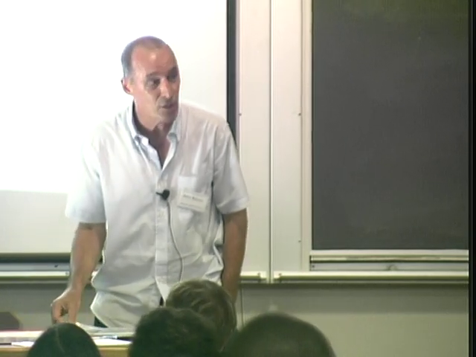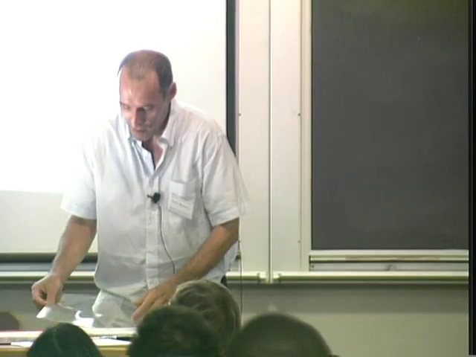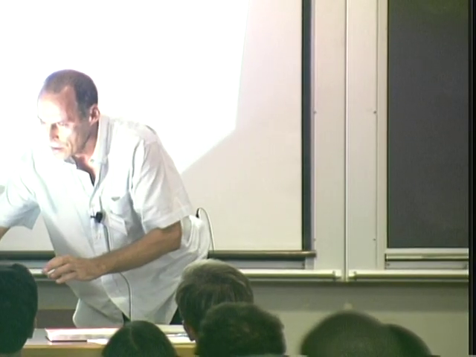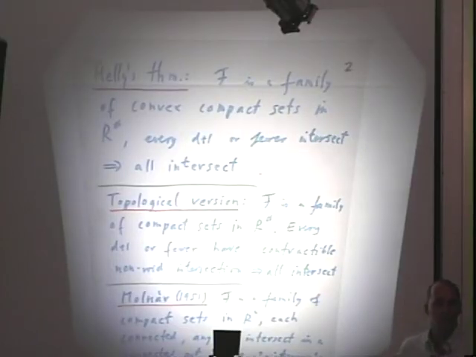So the first application is not equivariant topology, and this is probably the first. This is Helly's theorem, which is known to all of you, which says that if F is a family of convex compact sets in d-dimensional space, and every d plus 1 or fewer of them have a point in common, then all of them have a point in common.